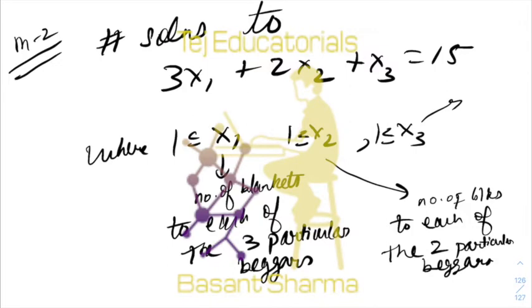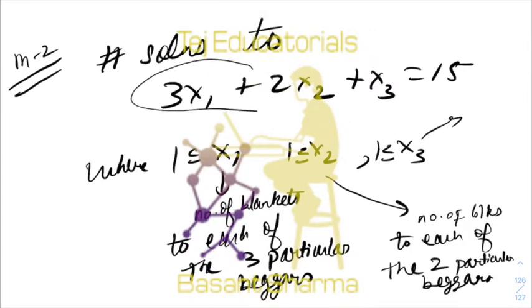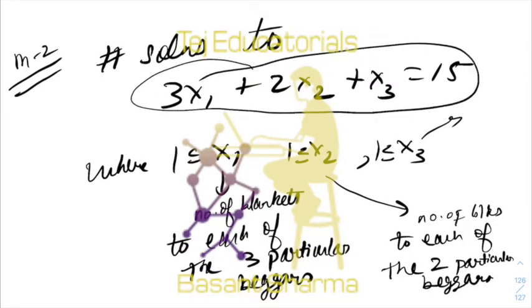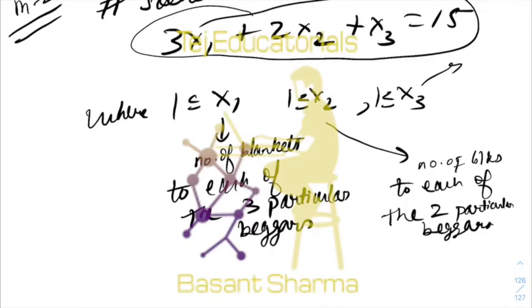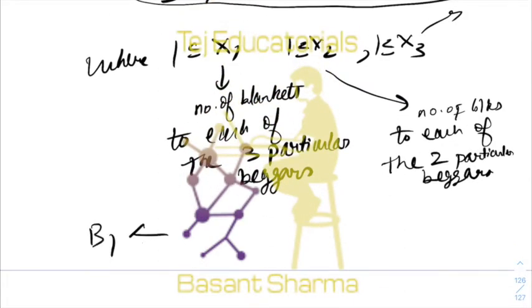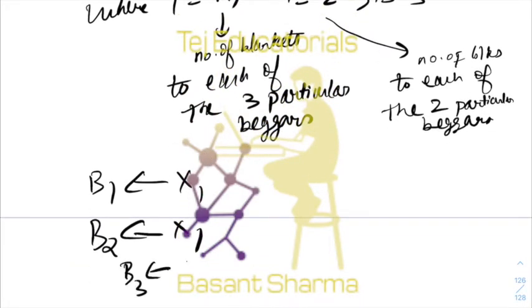So I hope this makes sense. See, the number of solutions to this equation, because if you think about it, x1 has three copies. Okay, x1 is the number of blankets suppose beggar 1 gets. x1 is the number of blankets that beggar 1 gets, and b2 also gets x1 number of blankets, and b3 also gets x1 number of blankets.